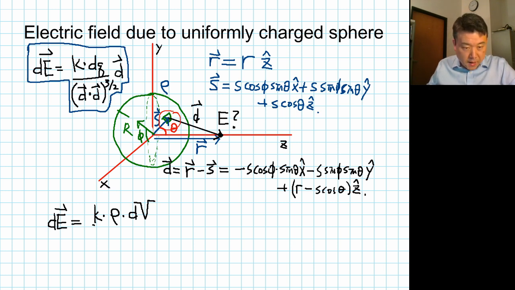This divided by, I have the denominator here. So what I'm going to do is take the D vector here, take a dot product with itself, which means x component squared plus y component squared plus z component squared, and then raise to the power of 3/2.